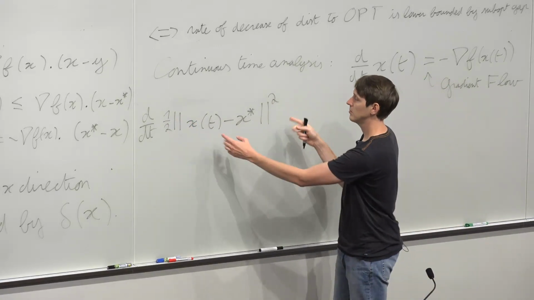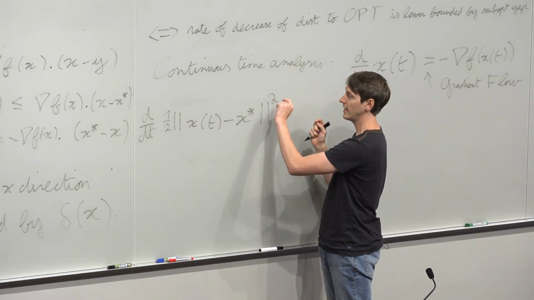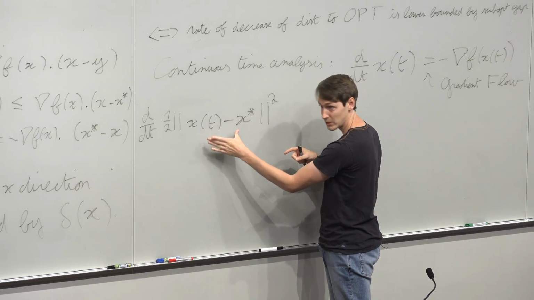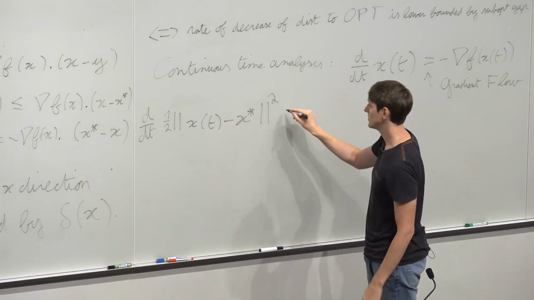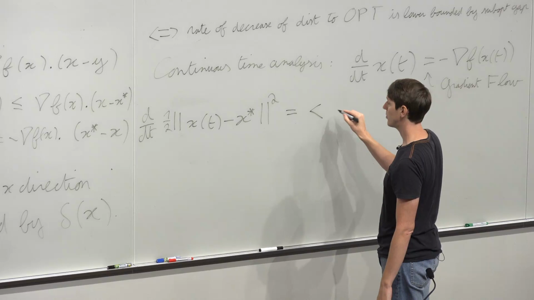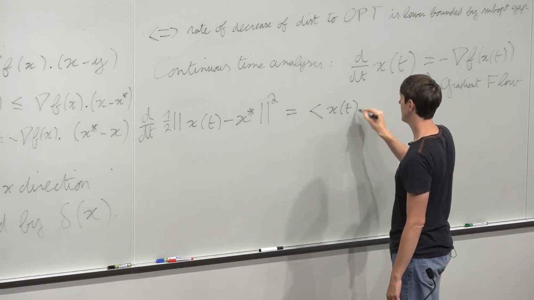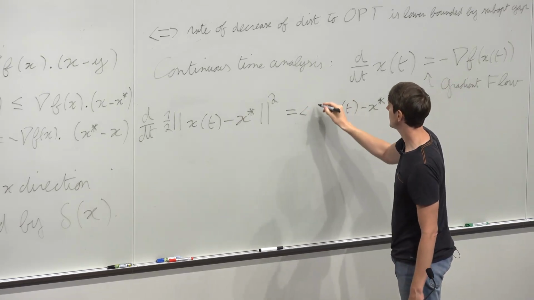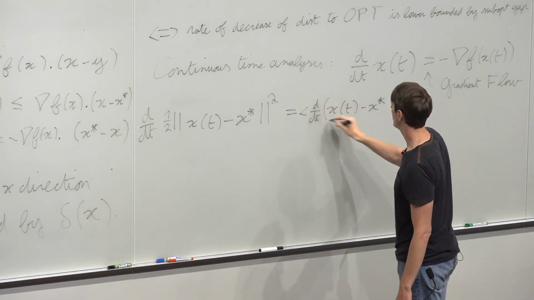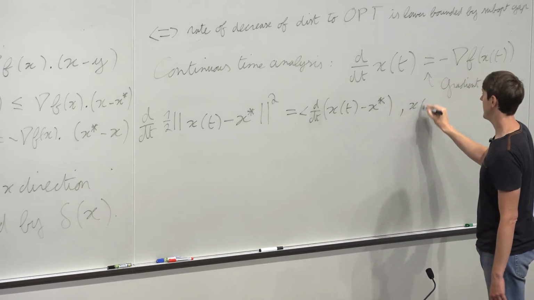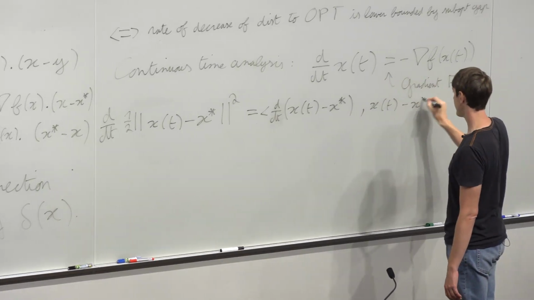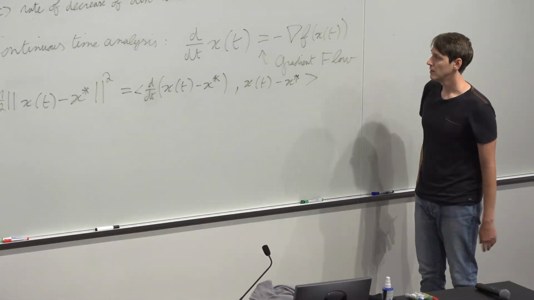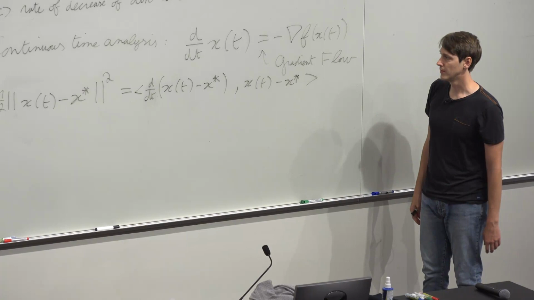So what is this? Well, I just differentiate this norm squared, so I get a 2 that gets out, and then I get the inner product between what's inside and its time derivative. Maybe let me write it like this. It's the inner product between d over dt of x t minus x star and x t minus x star. This is just the standard inner product in R n.